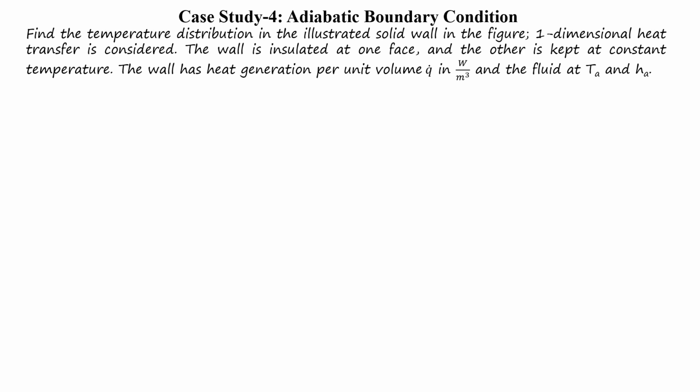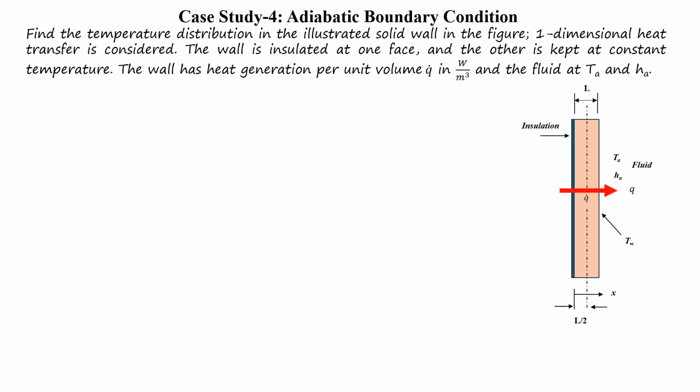If we consider a wall, as shown in this figure, with one side insulated, perfect insulation, that will tell us Q equal to 0 at this side, and the other side is exposed, for example, to a convective fluid at temperature T infinity and heat transfer coefficient h, and its wall temperature is T sub w. And let us assume that we have a heat generation per unit volume as q dot.